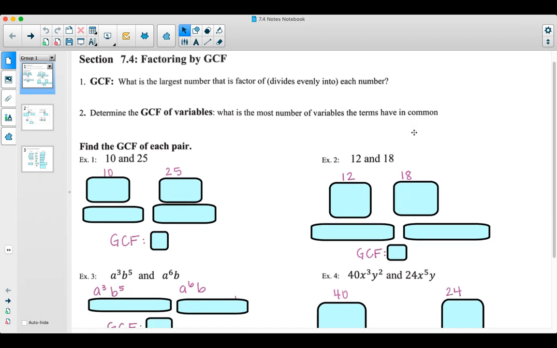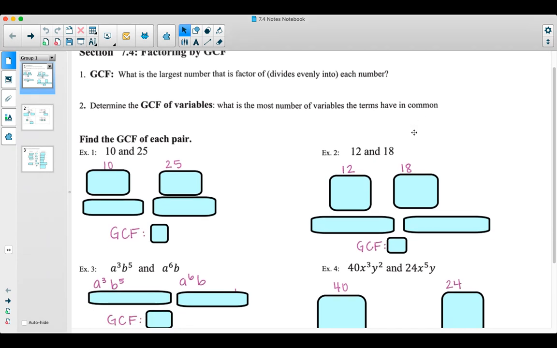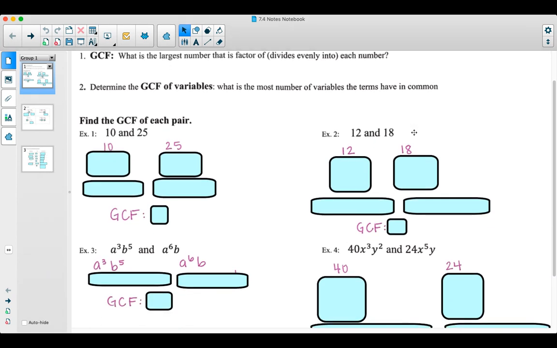Now, let's try a few examples to find the GCF of each pair. So in example 1, write this down, we have 10 and 25, and we want to find the GCF between them. What I thought was going to be most helpful is if we find some factor pairs. We have to figure out what are things that multiply to 10. So things that multiply to 10, we can write down 1 and 10, and 2 and 5.